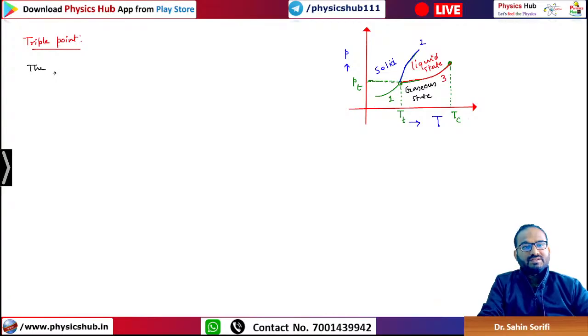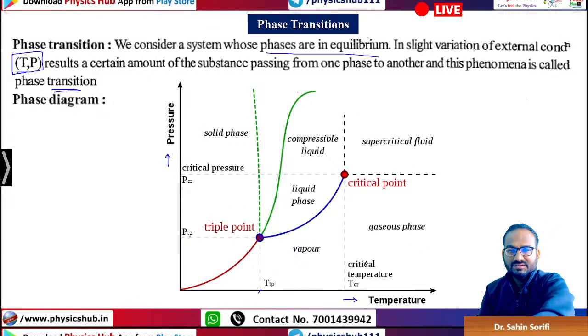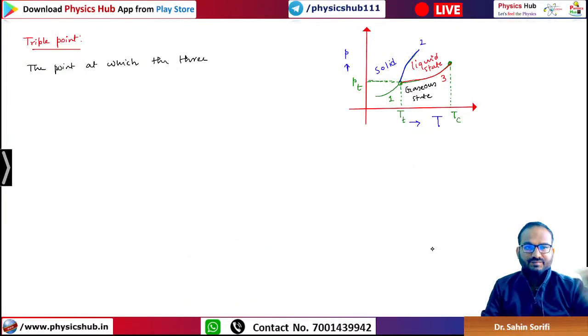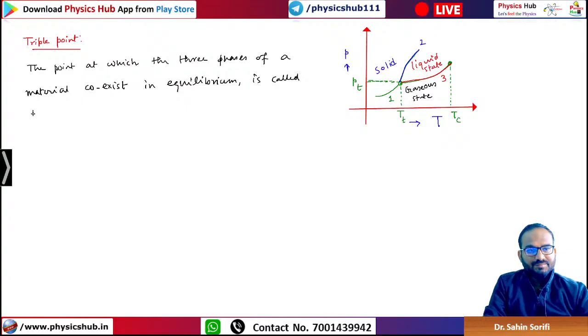So let's define the triple point. This one we consider only for the first order phase transition. We are talking about the first order phase transition. The point at which three phases of a material coexist in equilibrium is called the triple point.